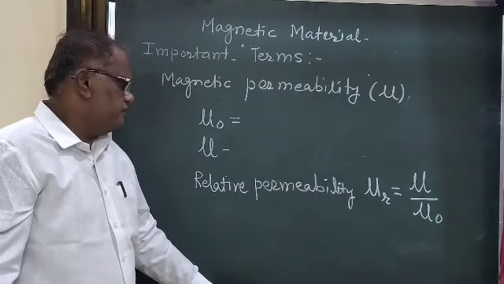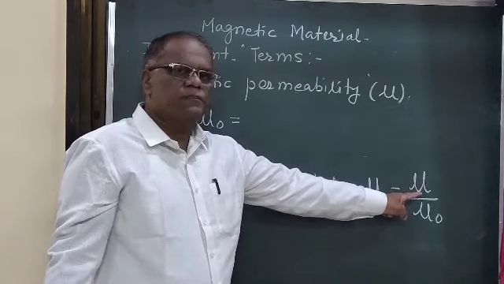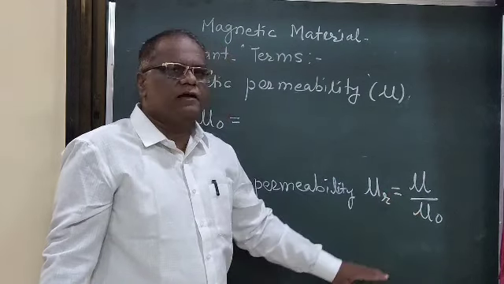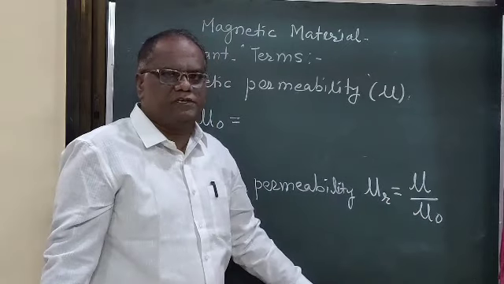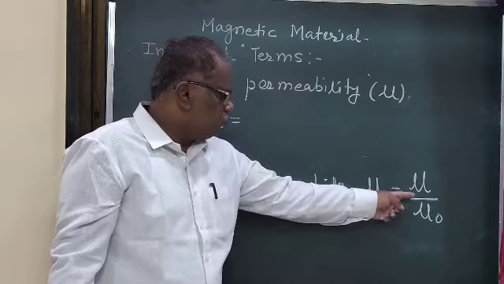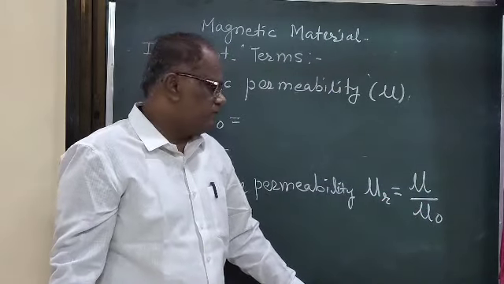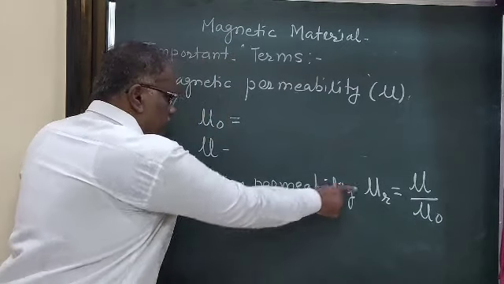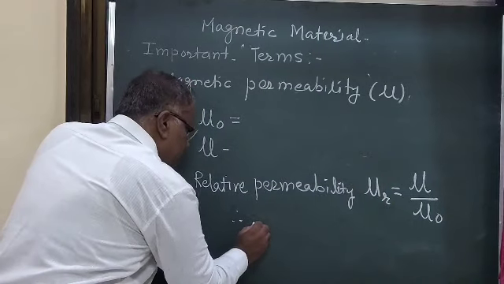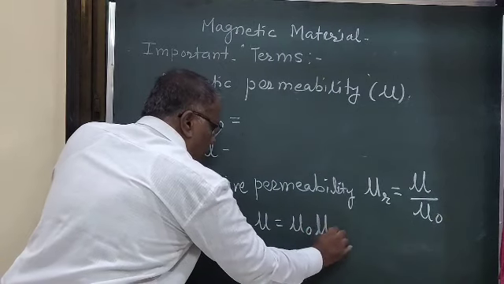Hence we can define relative permeability as the ratio of the absolute permeability of a medium to the absolute permeability of free space. Relative permeability can be given as mu r is equal to mu upon mu 0. Hence mu can be written as mu 0 mu r.